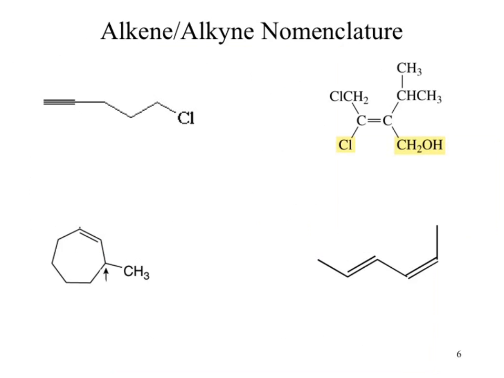Okay, so let's test it. We got some problems to work. Where'd you all start with this? I would argue you should start down here. Why should you start at the bottom?